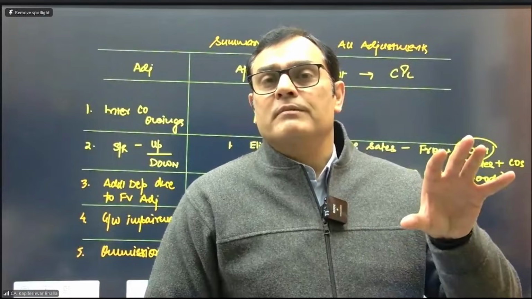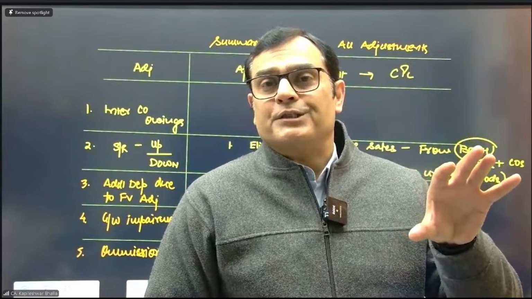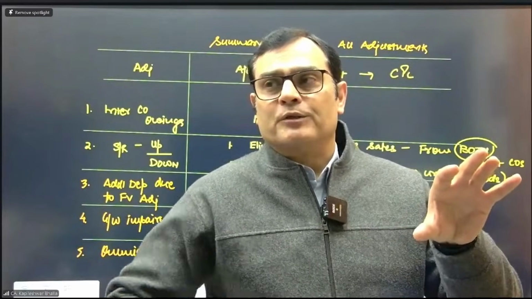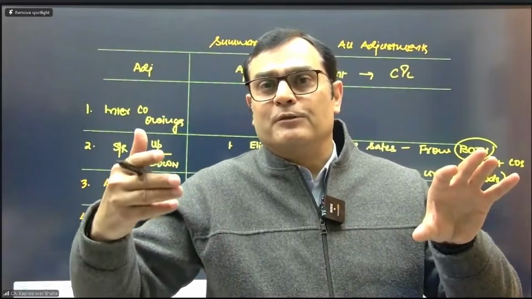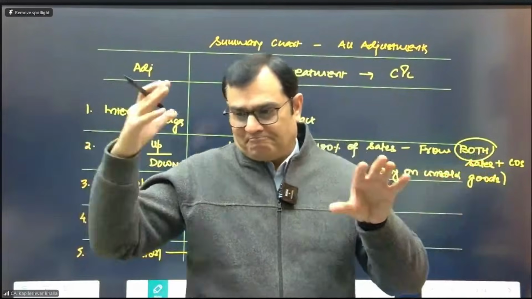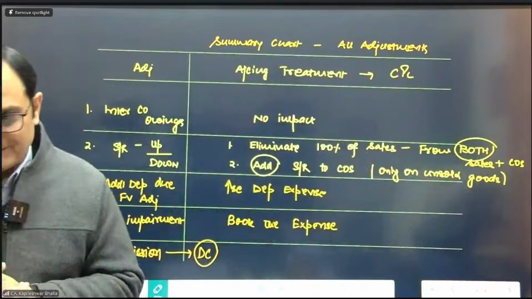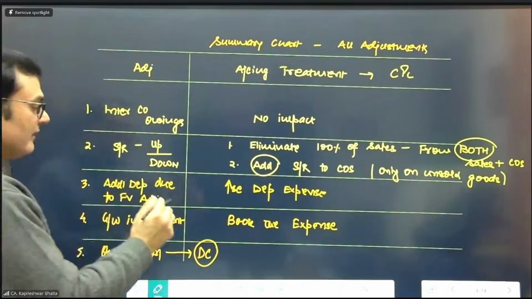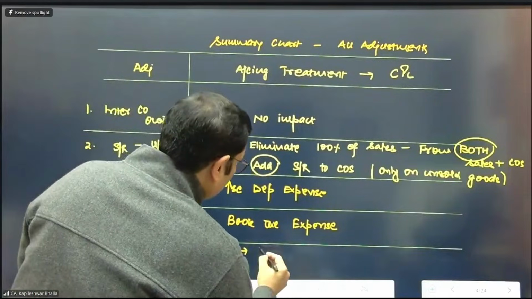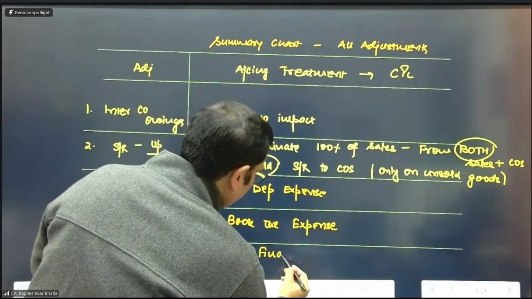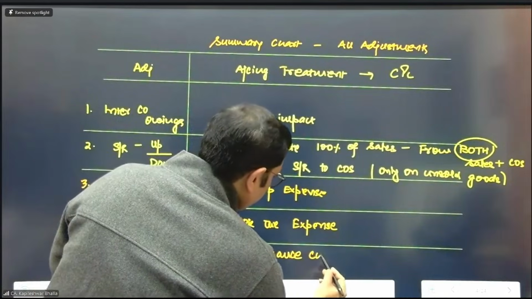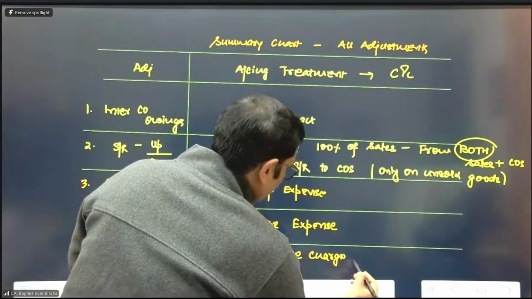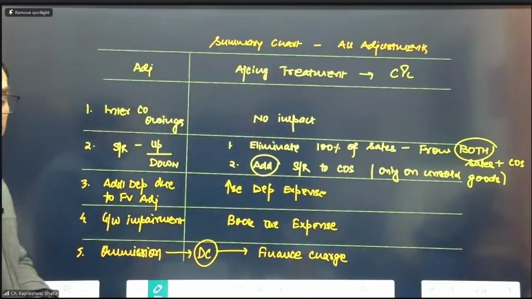A company omitted to record the DC, the deferred consideration. What do you think will be the impact on the income statement of the company? Any single word for that? Can I say this would lead to a finance charge, unwinding of discount? So this finance charge will also be booked as an expense in the profit and loss of the company.